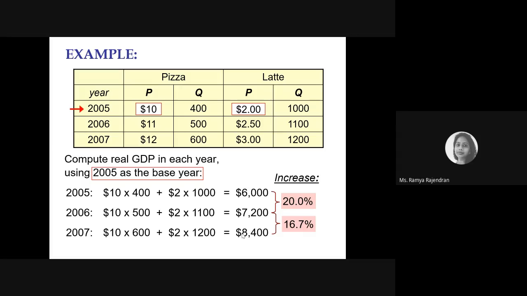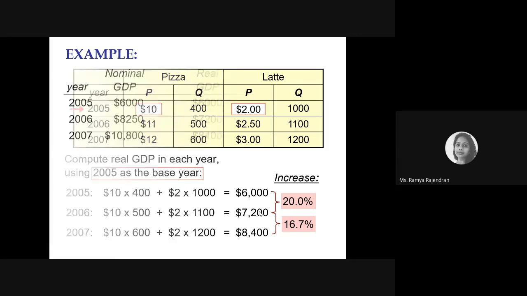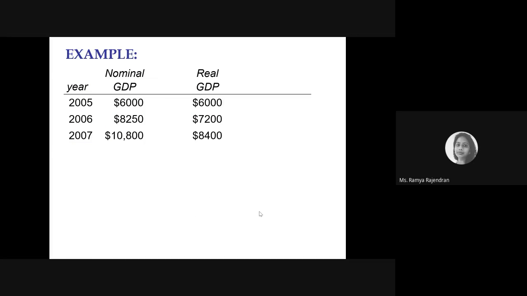But we can see the increase. That's a 20% increase in the GDP from 2005 to 2006, and a 16% increase from 2006 to 2007. These are the numbers we got for nominal and real GDP.